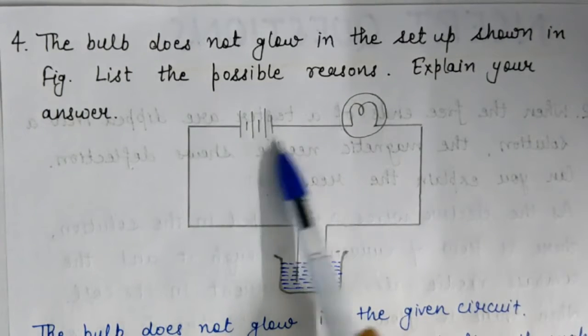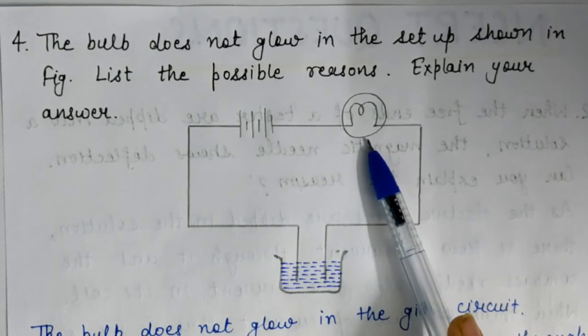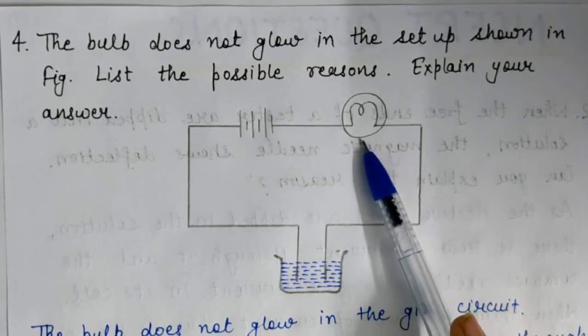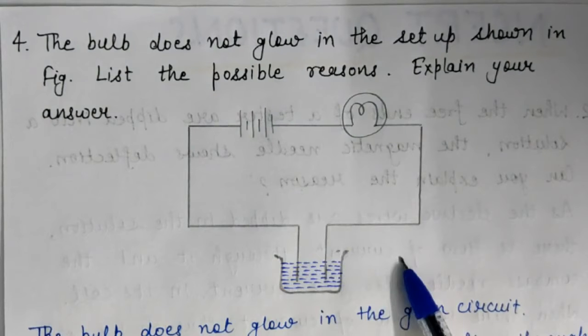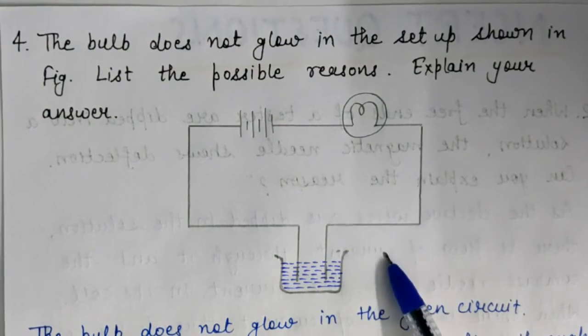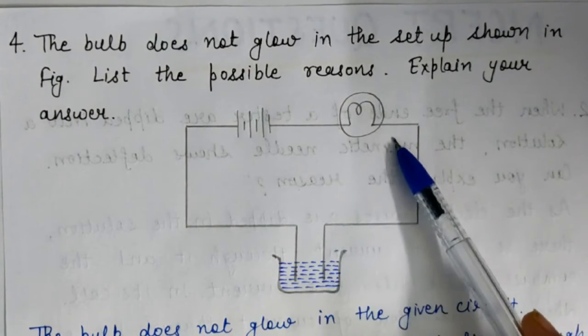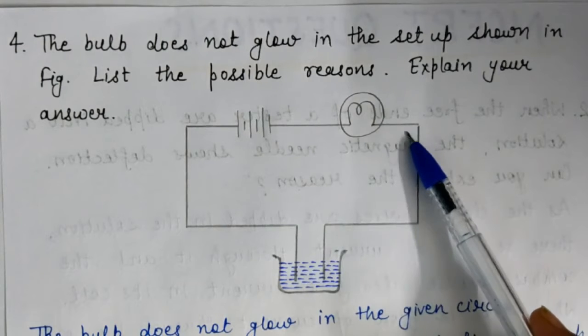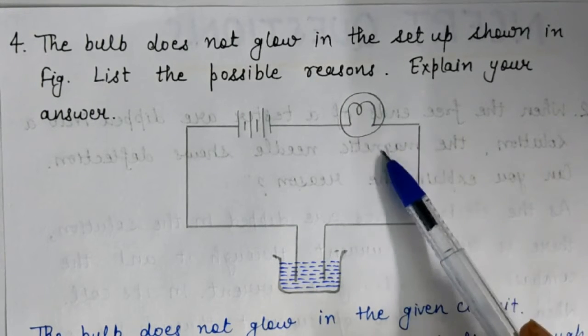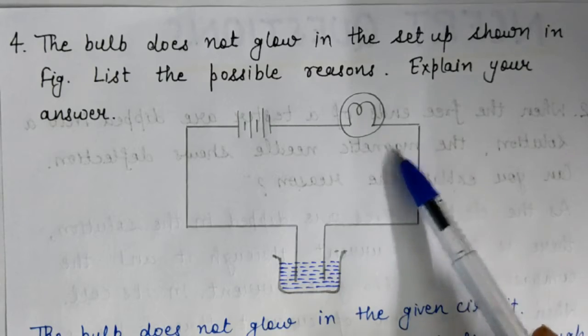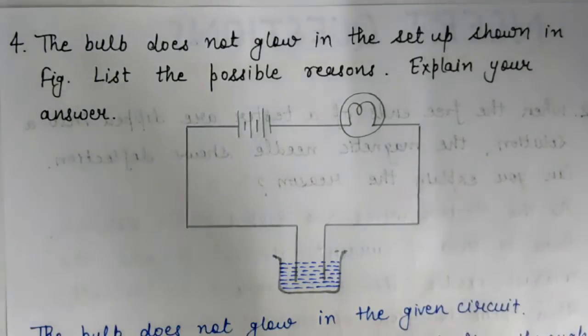This is a battery and this is a bulb of a tester. In the question, it is mentioned that this bulb does not glow. Now you have to write the reason, in which situations the bulb does not glow.